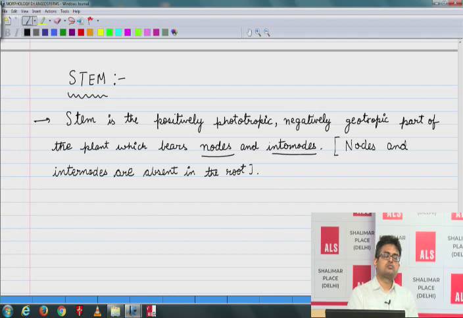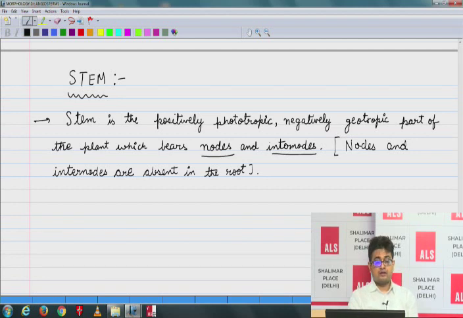Suppose I give you an unknown plant part and I say, please identify it. So if you find buds in it, if you find nodes in it, if you find internodes in it, it is definitely a part of stem, part of shoot, not of the root. Root does not bear these kind of things.